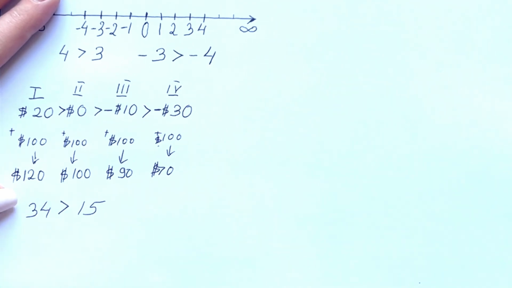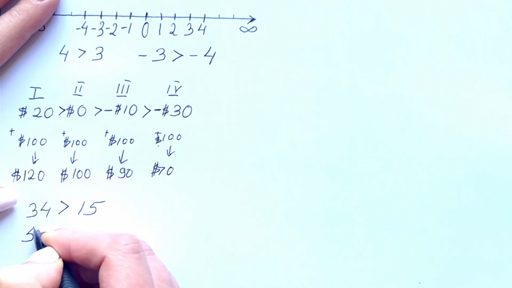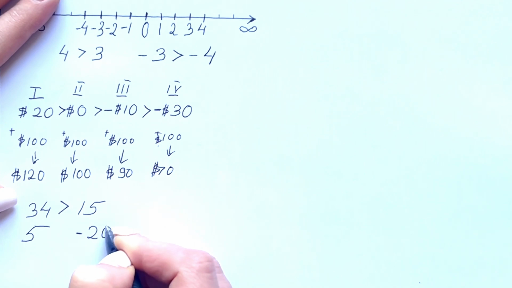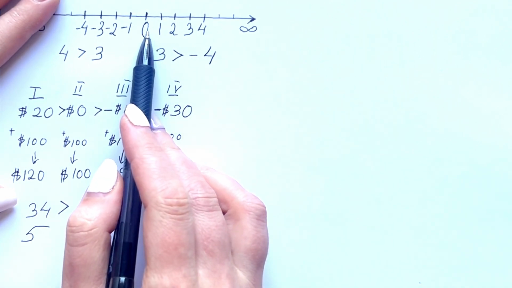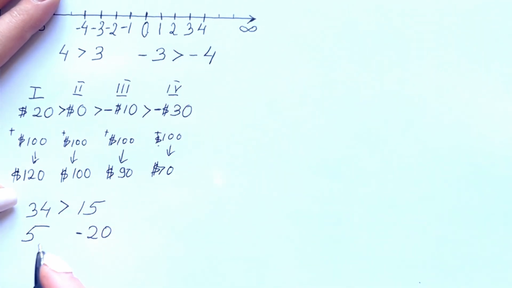If I'm going to give you one negative and one positive number, for example, 5 and negative 20, you're going to tell me, oh, the positive number is greater than the negative number because positive is further to the right than negative. So 5 is greater than negative 20.